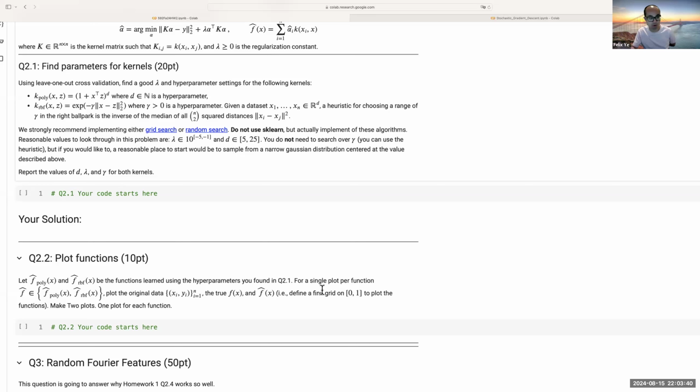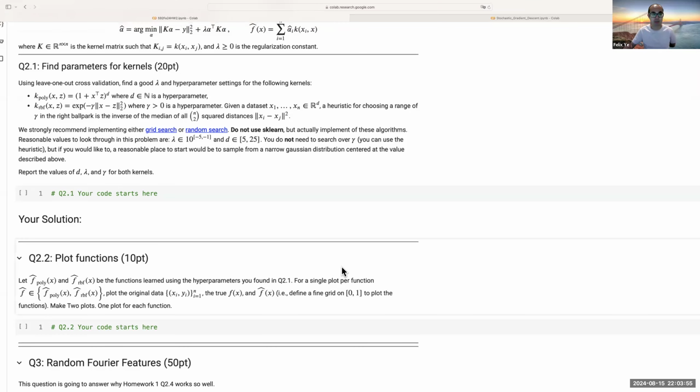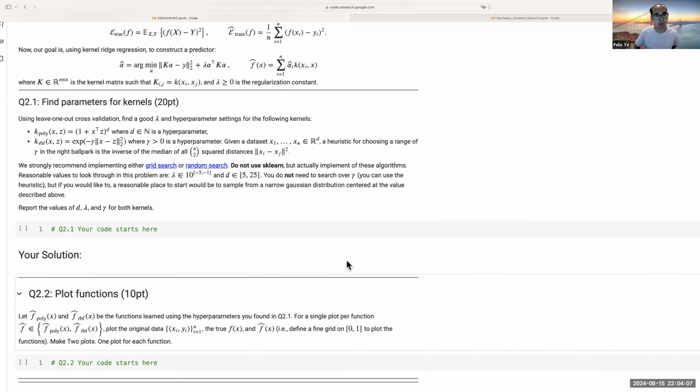Then you plot these two functions. You make two plots, one for each function, and you can compare the results. This is very important, because it lets you compare the two kernels, the polynomial kernel versus the Gaussian kernel.